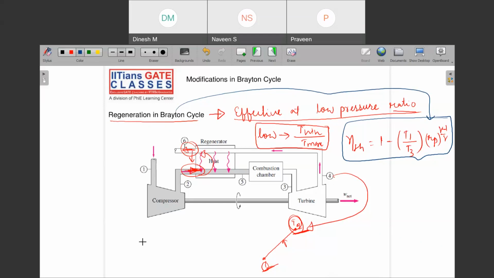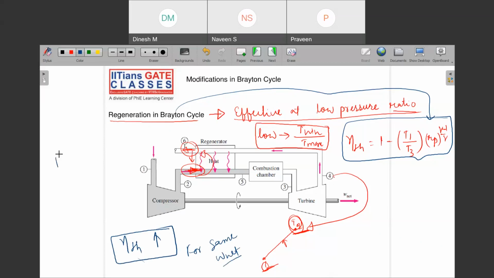And what happens here is that your thermal efficiency gets increased, for the same W net. Why?